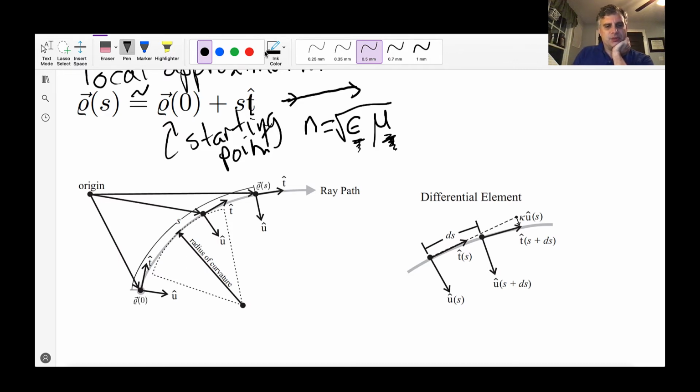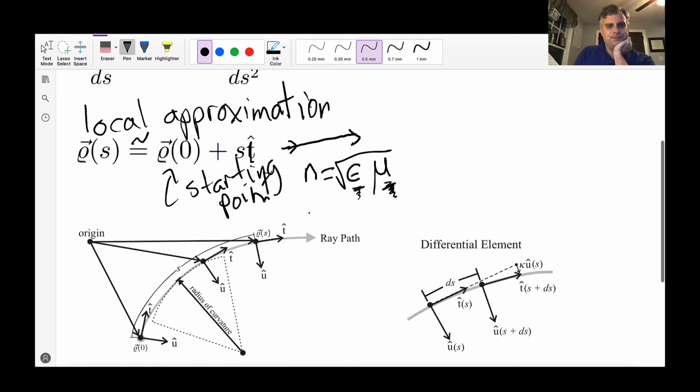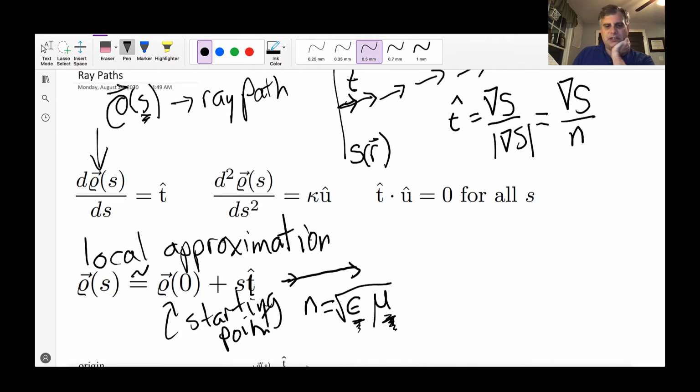So, what happens when we look at that scenario? Well, let's take the second derivative of our key constitutive equation defining rays. The second derivative of that trajectory is going to be equal to the change in that unit vector with respect to s along the path length.